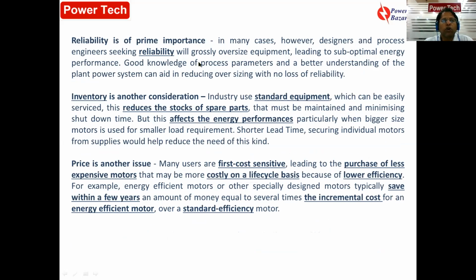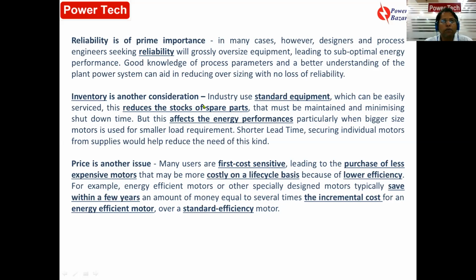Now, whether you require the motor to be reliable or unreliable, so reliability is one of the prime considerations for motor selection. Inventory. Particularly, a lot of industries have larger inventory, while some industries don't keep major inventory. Inventory means the stock position of different sizes of motors. So they will only keep a limited number of motors with lesser inventory, but they can use different sizes for different ratings.